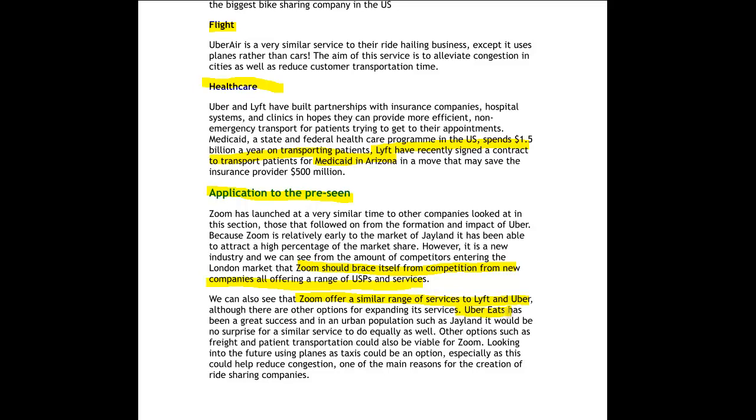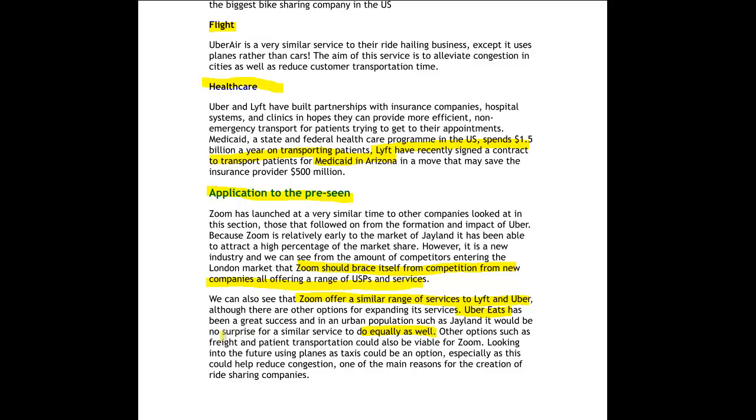Because we know that J-Land is a highly urban population. And we'll come to some data later on that shows that ride-sharing companies are more successful in urban populations and the reasons for that. So it stands to reason there's going to be lots of restaurants, people eat out more in the cities, and so Zoom Eats, the equivalent of Uber Eats, should do equally as well as Uber has done. And remember, it was worth a huge amount of money.